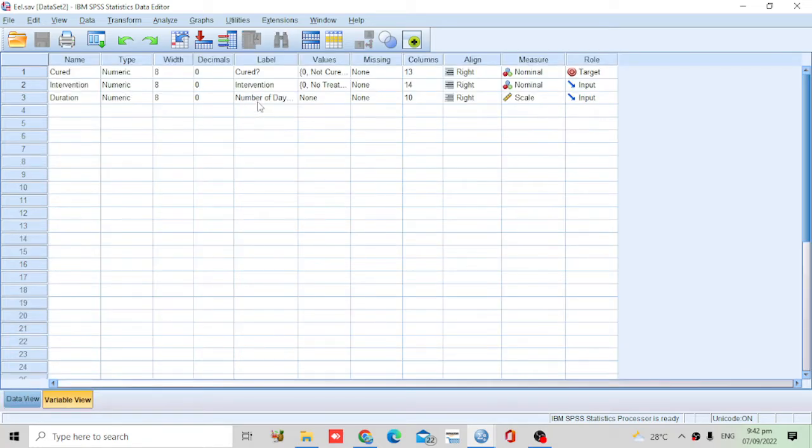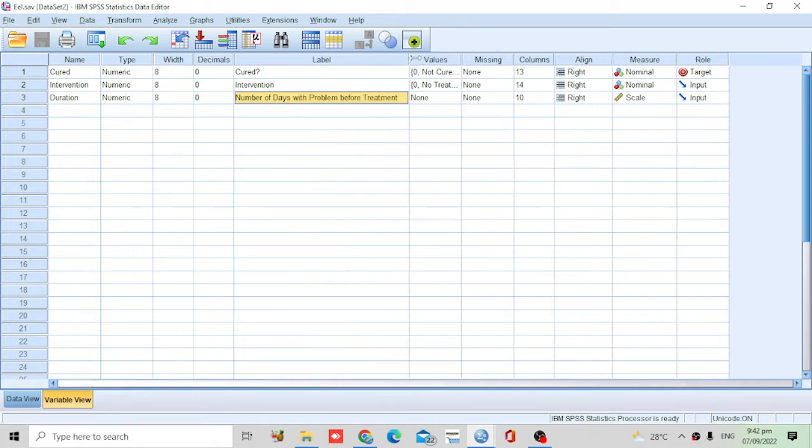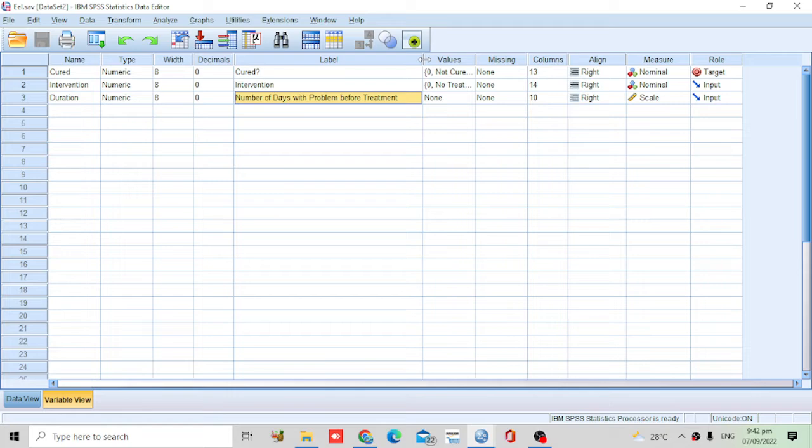It measured the number of days with problem before treatment. So bago siyang binigyan ng treatment, they measured the number of days na kung saan nagkaroon ng problema ang pasyente sa kanyang kalusugan, something like that.